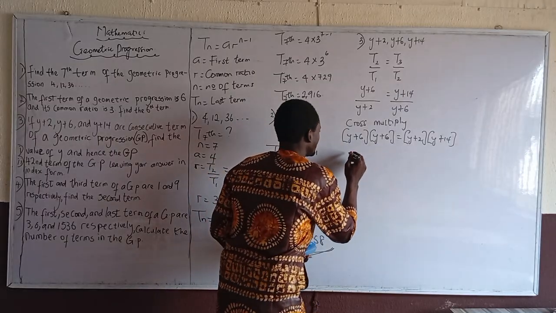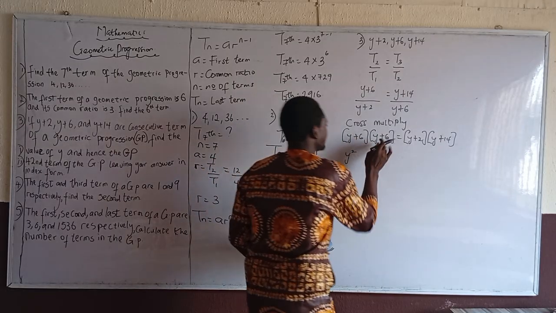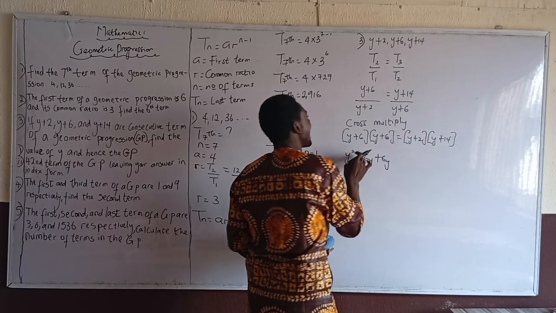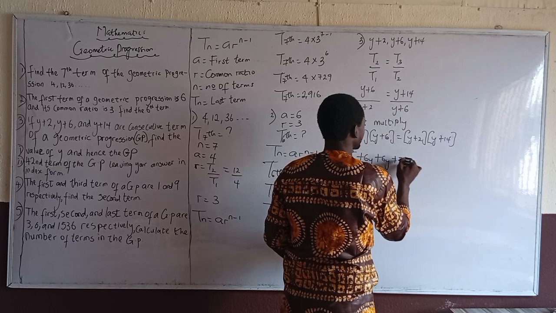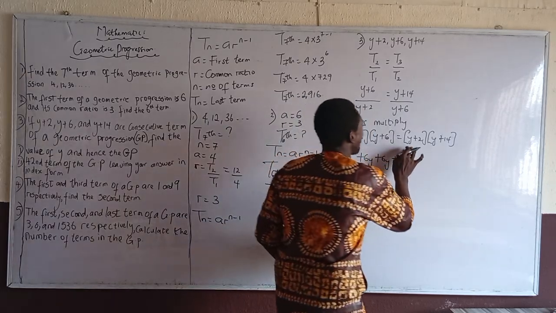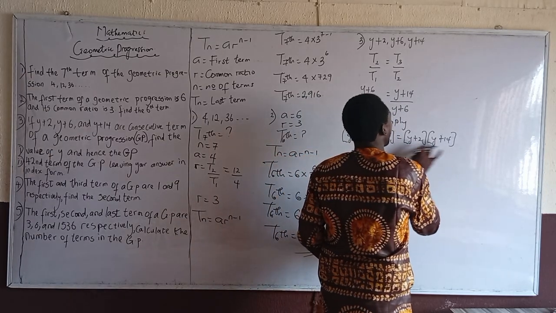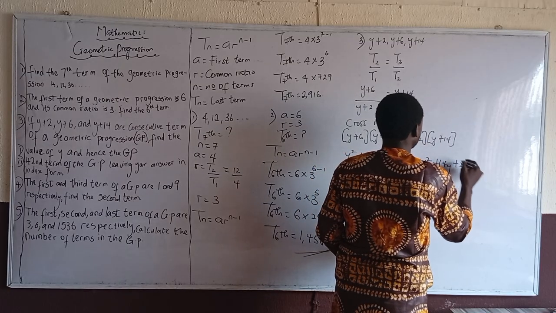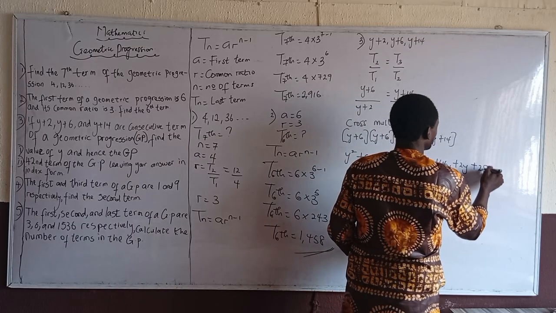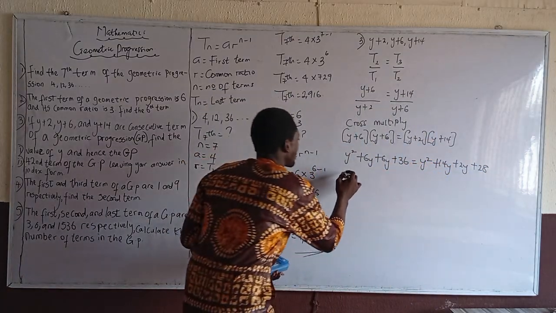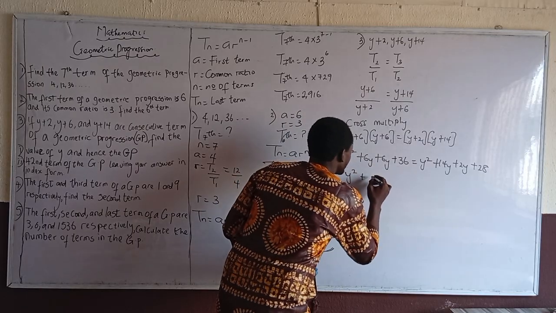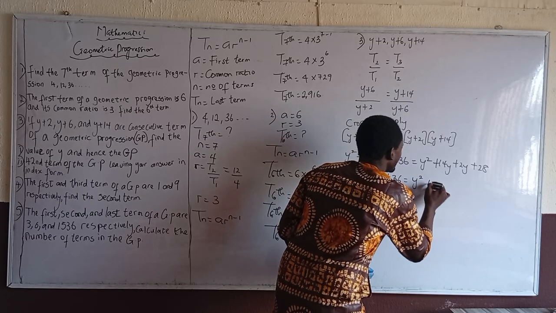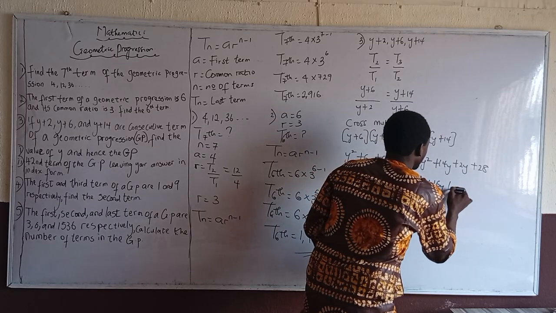Here is y times y, that is y squared. y times 6, 6y, 6 times y, 6y, and 6 times 6 is 36. Equals y times y, y squared, y times 14, 14y, 2 times y, 2y, 2 times 14, 28. So here it becomes y squared plus 12y plus 36 equals y squared plus 16y plus 28.